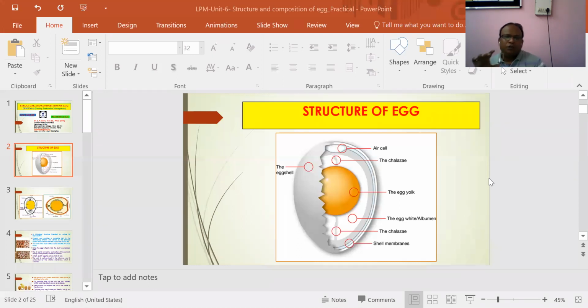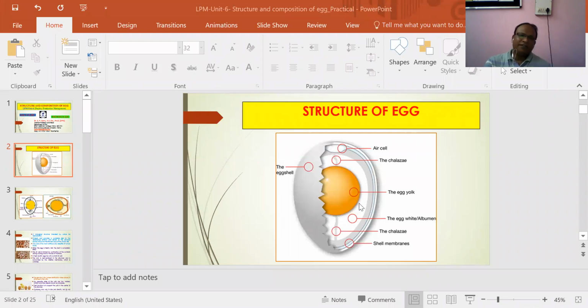So you can imagine, you have seen a boiled egg. When you see the boiled egg, or a fresh egg when it is broken, you see this type of structure. At the center there is a yellowish or whitish portion, that is called egg yolk.